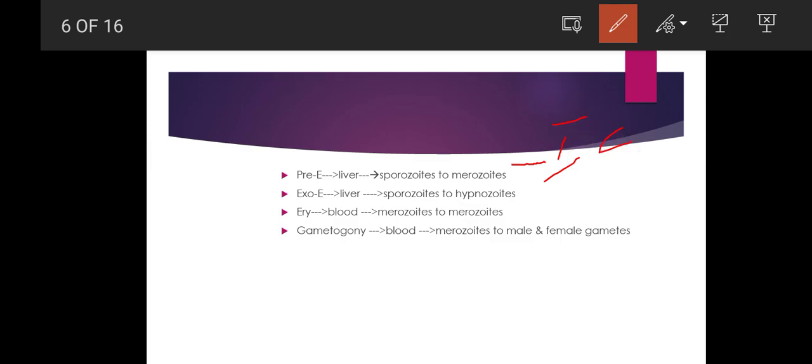Now, moving to the next, the exoerythrocytic stage, which takes place in the liver, where sporozoites will be converted to hypnozoites, and we said it is responsible for relapse. And now we have the erythrocytic stage. The erythrocytic stage will be responsible for clinical features, correct?